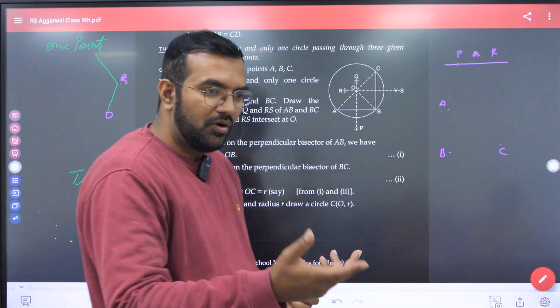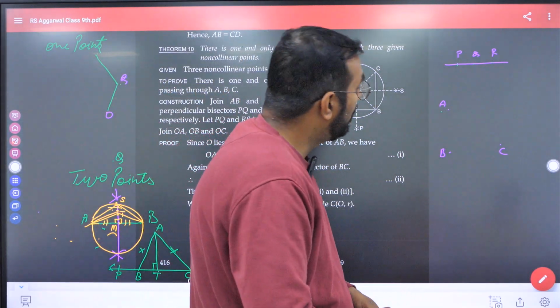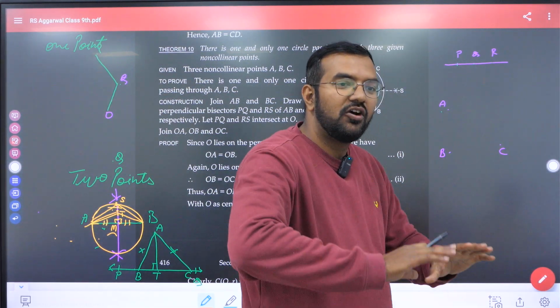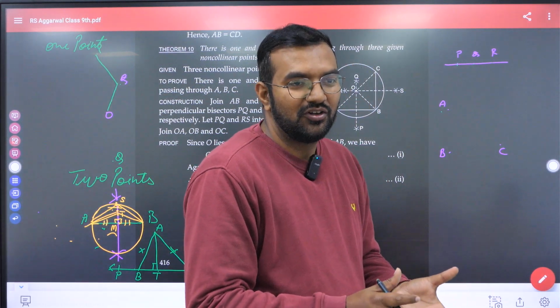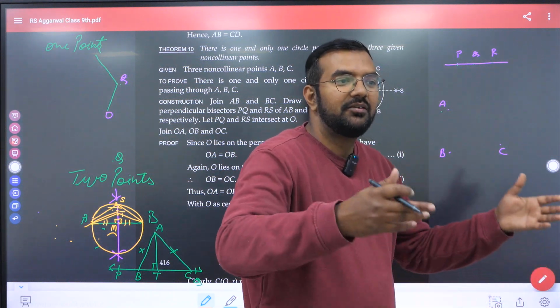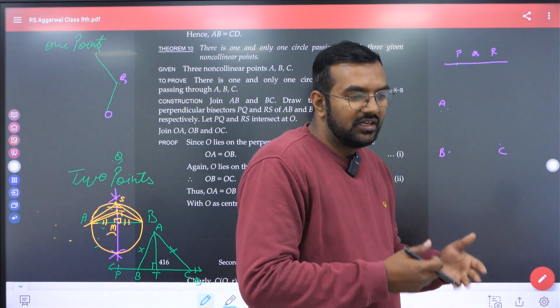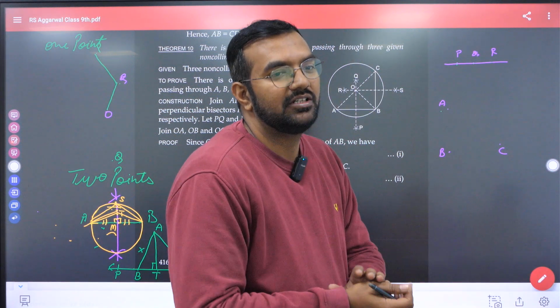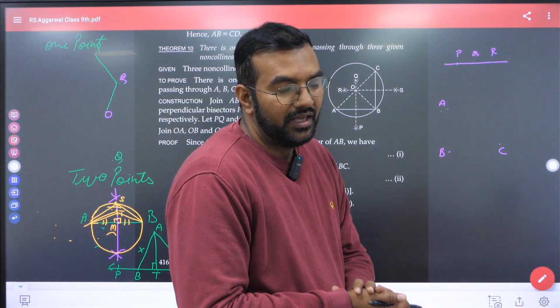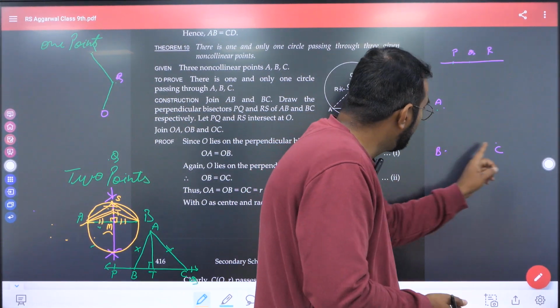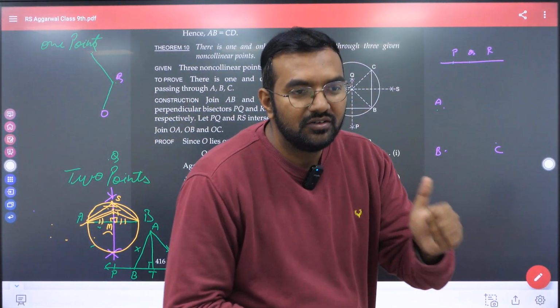Suppose there are 2 points from which 3 non-collinear points are equidistant, then we can draw 2 circles through the 3 non-collinear points. If there are infinite such points, we can draw infinite circles. And if there is only 1 point from which these 3 are equidistant, we can draw only 1 circle.